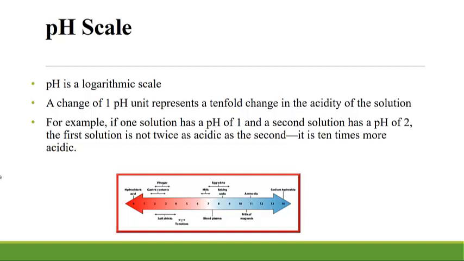Remember, the lower the number, the higher the ion concentration. So a step from 1 to 3: 1 to 2 is 10, 2 to 3 is another 10, so that's a 100 change. So a pH of 1 has 100 times more hydrogen ion concentration than a pH of 3.